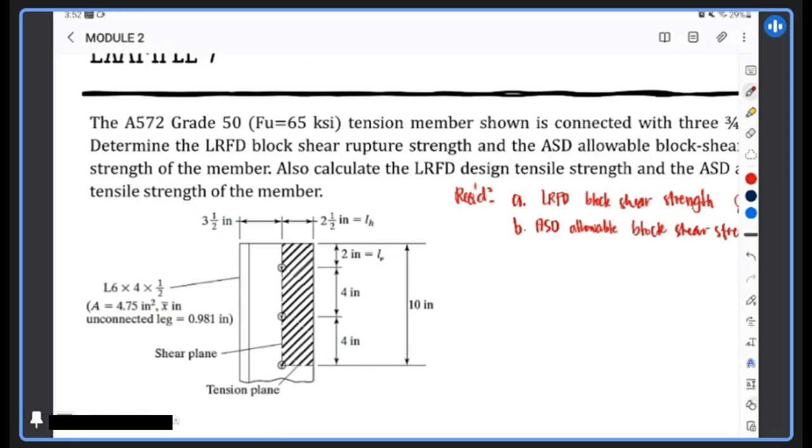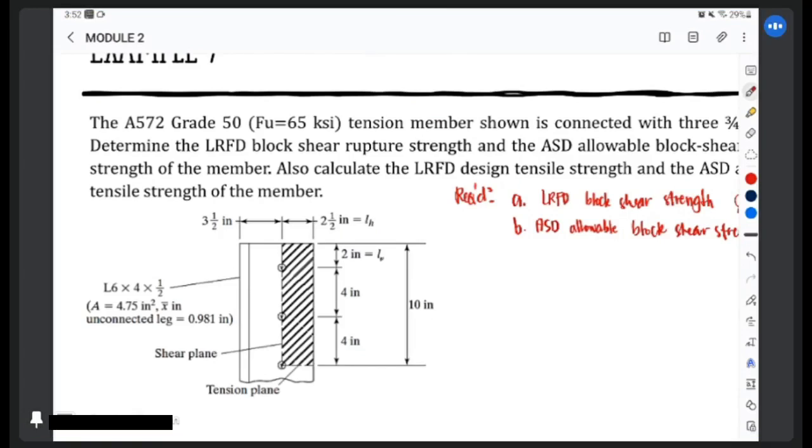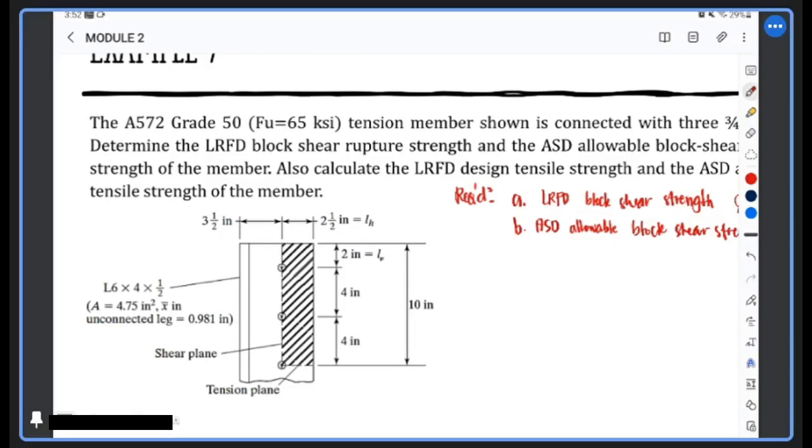Is it 25.4 or 25.6? Okay, 25.4. So it is 254 for the 10-inch length. That's the length of the connection, no? From the end to the center of the last bolt. 254, and this in mm.